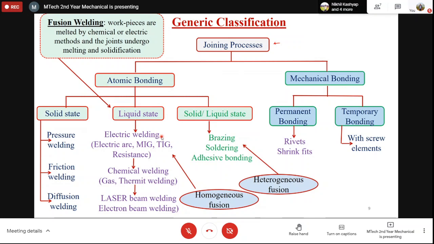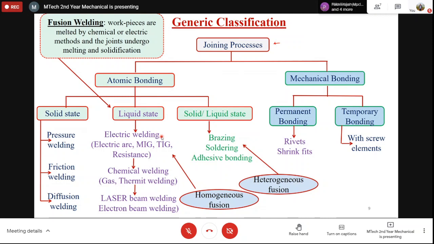The aluminum oxide with some explosives and iron are kept at the top surface of the parent metal, the rails which we want to join, and then the ignition is done. So aluminum oxide will burn, and the iron will go down and settle at the joint. Then there are laser beam welding and electron beam welding.